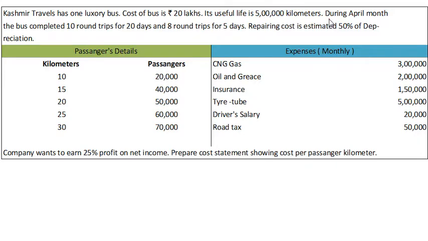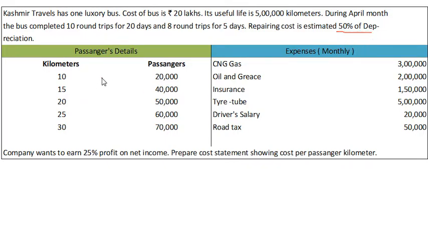Now during the April month, bus completed 10 round trips for 20 days and 8 round trips for 5 days, and total kilometers run by bus is 30 kilometers. Repairing cost is estimated at 50% of depreciation.